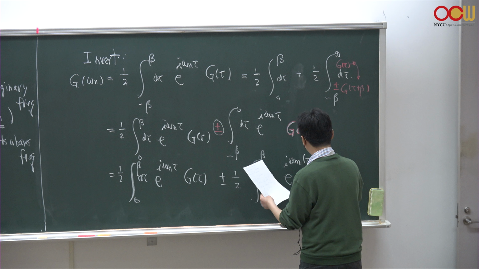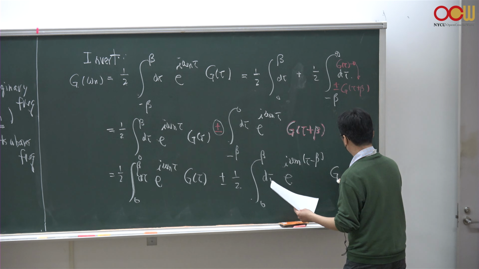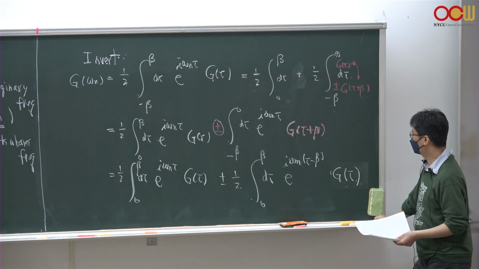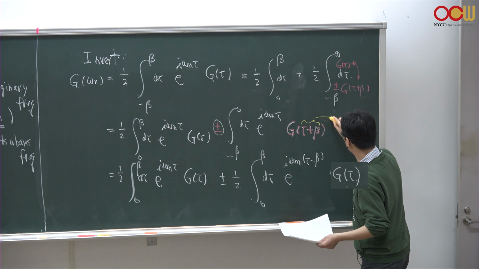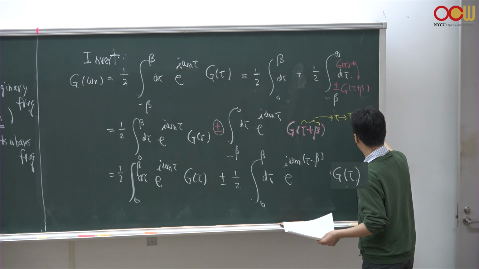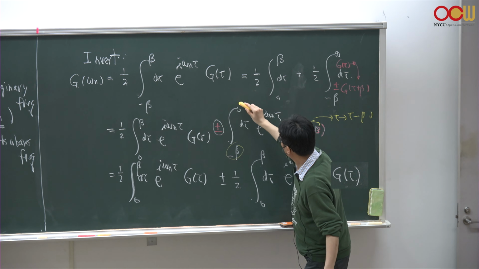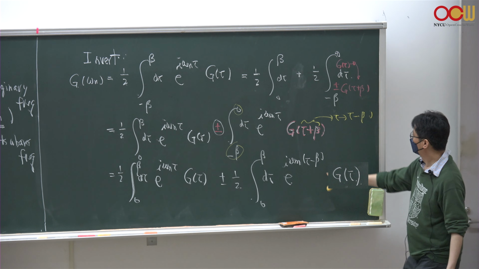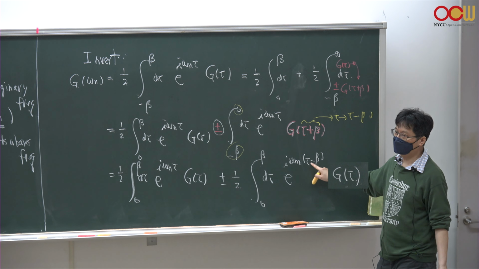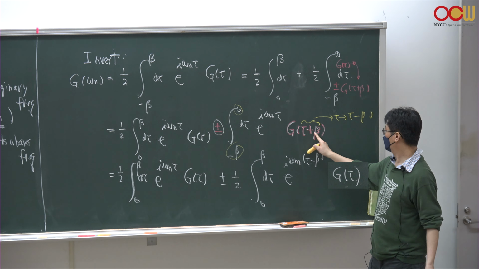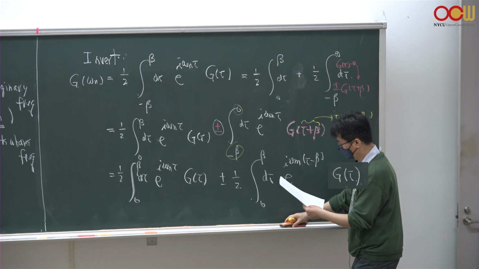In doing so, we simply shift tau to tau minus beta, so that the upper and lower bounds of the integral now change to 0 to beta, and this g of tau plus beta becomes g of tau.